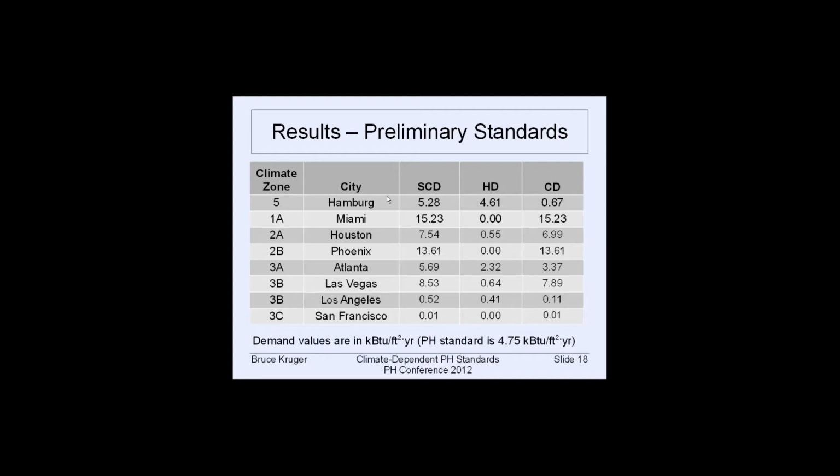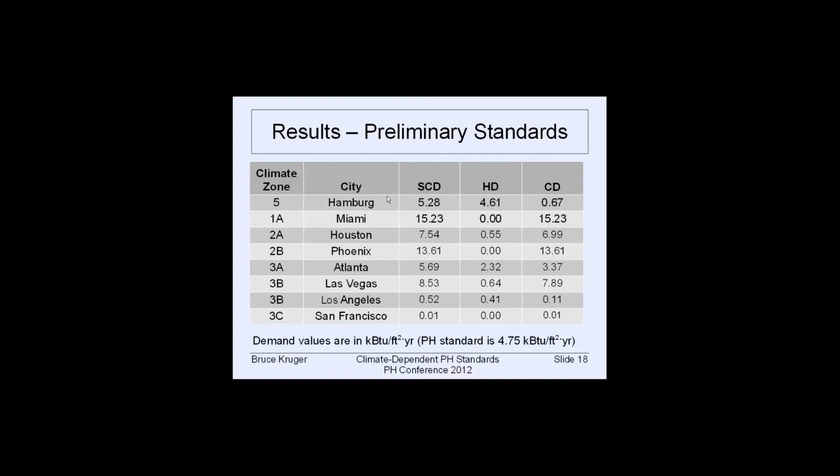So two things. One is that typically cooling is provided through the use of electricity, and the site-source factor conveniently roughly cancels out the COP. I know it's not exact, but that's one way of thinking of it. And also, I would argue that you have to worry about the demand values first.